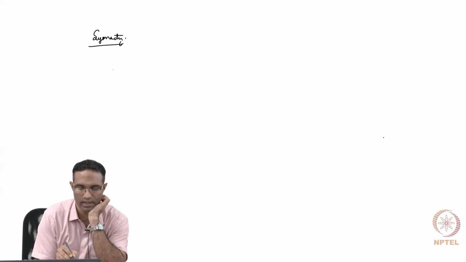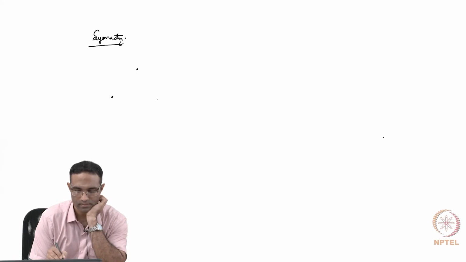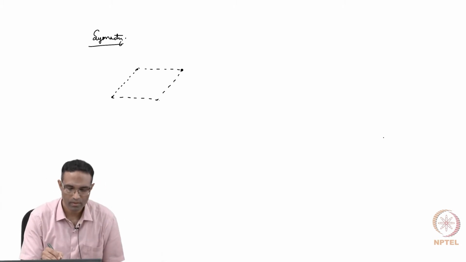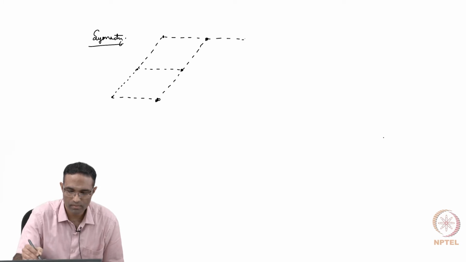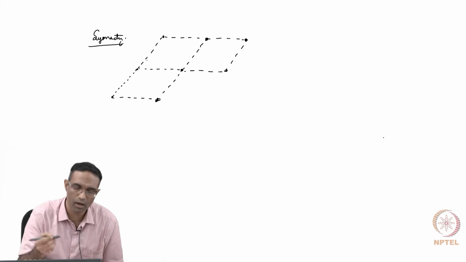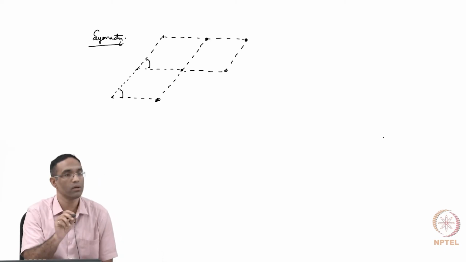For example, if you have a lattice like this, extending to infinity, and this is some arbitrary angle not equal to 90 degrees.